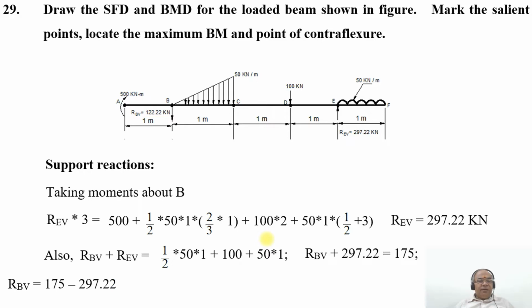Therefore, RBV will be 175 minus 297.22, which is minus 122.22 kilonewton. Since it is a negative value, the reaction at B, instead of going upwards, will act downwards. So RBV is 122 kilonewton acting downwards.